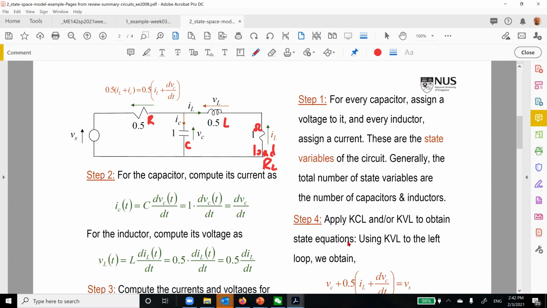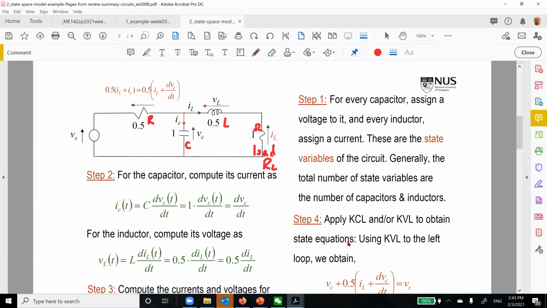In this case, what we're trying to do is see what the governing equation of this is. We have energy storage elements in here, so we are trying to build a governing differential equation. Why do we need a differential equation? Because we are no longer at high school level.